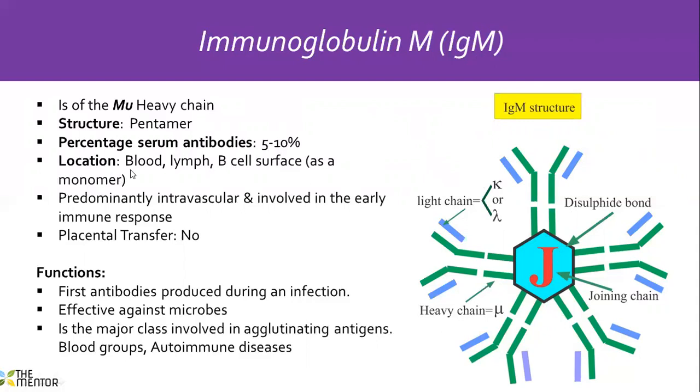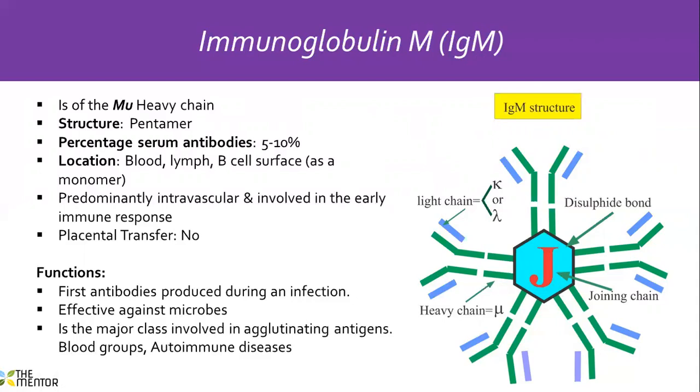The percentage in serum is not as high as IgG, but it makes up 5 to 10%. It's normally found in blood, lymph, and on B cell surfaces as a monomer. Remember we said you can find immunoglobulins in two forms: on the cell surface of the B lymphocyte, or in the blood or serum.